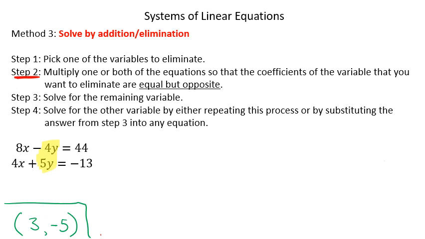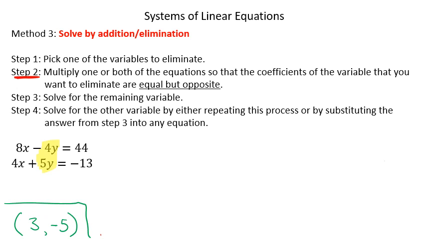But in this case, if we want to restrict ourselves to only using whole numbers, right? If we don't want to bring fractions into the mix, well, we can't multiply 4 by something to get 5. We can't multiply 5 by something to get 4 unless we're going to use fractions. But to avoid using fractions, we can multiply both equations.